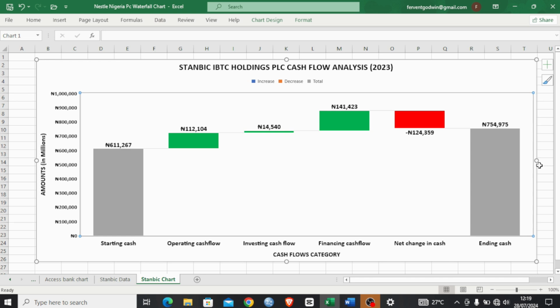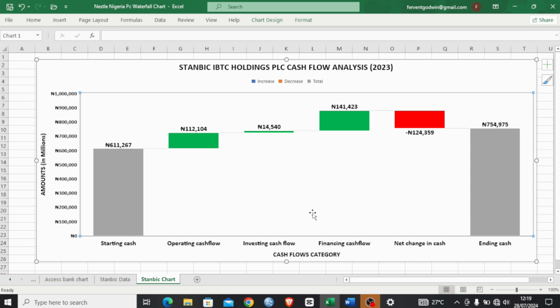The waterfall chart here, as we see, is depicting what their cash flow for the year 2023 has been like, from starting cash, what they started with at the beginning of the year, to what they eventually ended with.